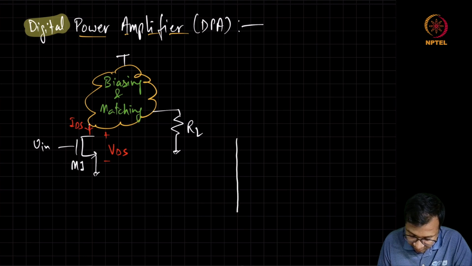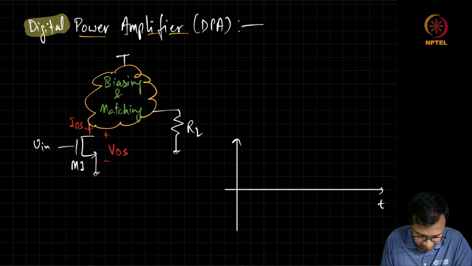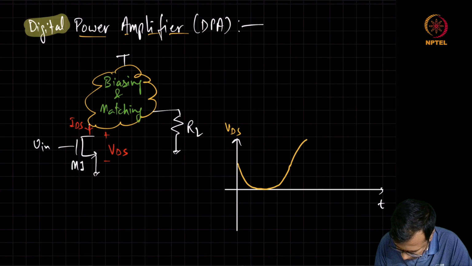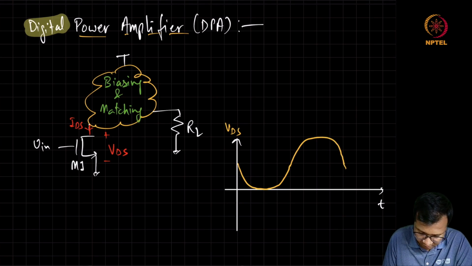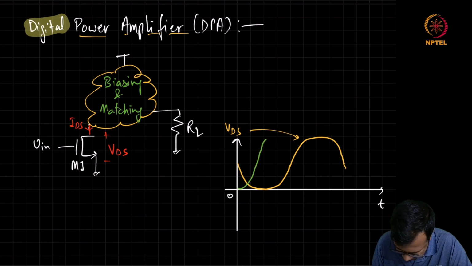So if we take a generic case where there is some VDS and IDS, let's see, it looks like this. The VDS and the IDS, let's say, look like this.